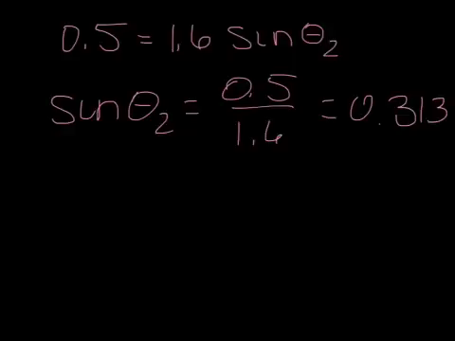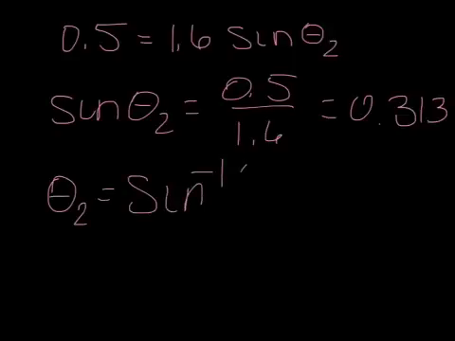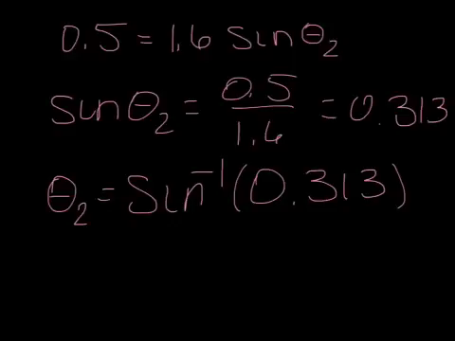Now we need theta by itself. So this is an inverse. So theta 2 is equal to the inverse sine of 0.313. And you need to make sure your calculator's in degrees, and sine inverse is the second sine button.